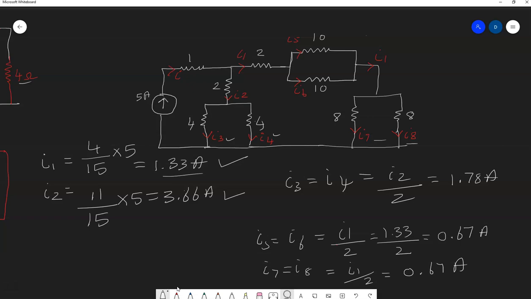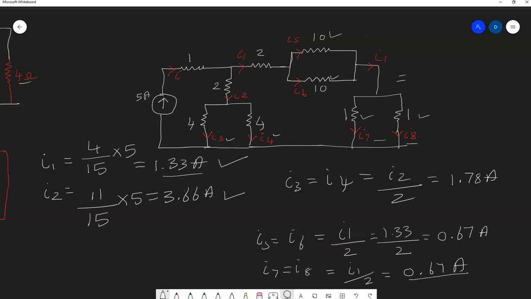So if you look at this one, even having the 10 ohm resistance and the 8 ohm resistance here, the current in the branch is the same. I could have also reduced this into a 1 ohm and a 1 ohm. You still end up having the same current, 0.67 amps, both.